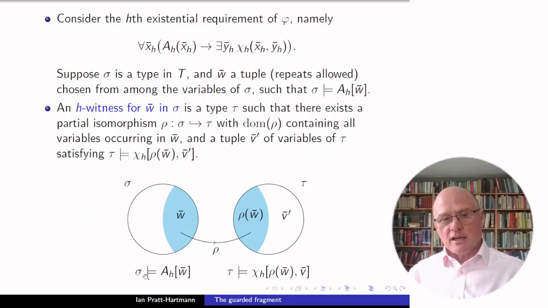Okay, so if you've got a type sigma in the set T and a tuple W bar satisfying some atom of interest, the guard of one of the witness requirements in this type, which remember we think of as a little model, then there has to be another type, tau, such that if you take the image of W bar under the partial isomorphism rho from sigma to tau, we can find additional elements of tau, V bar, such that rho applied to W bar together with V bar satisfies chi.